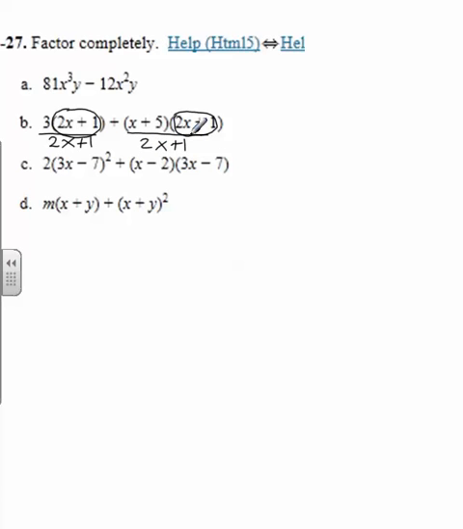Like this. Now, you don't have to write it all out like this, but it's a way to think about it. So, basically 2x plus 1 times what's left here is 3. And what's left here is x plus 5. Oops, 5, that's what I meant.